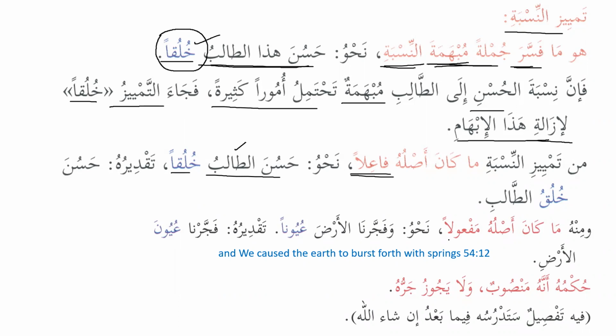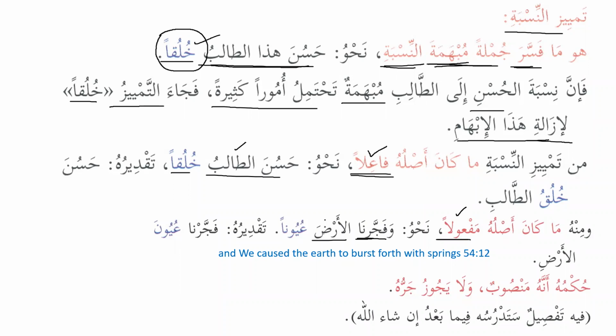ومنه ما كان أصله مفعولا, and also it can be object. So it can be subject, fa'ilan, and also it can be the object, as we can see over here in the Quran. وَفَجَّرْنَا الْأَرْضَ عُيُونًا, and we caused the earth to burst forth with springs. So فَجَّرْنَا, فَجَّرَ يُفَجِّرُ تَفْجِيرًا, fi'l plus fa'il, and al-arda is maf'ul bihi.